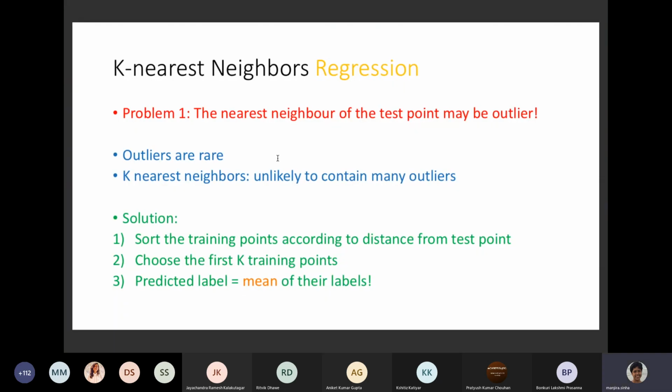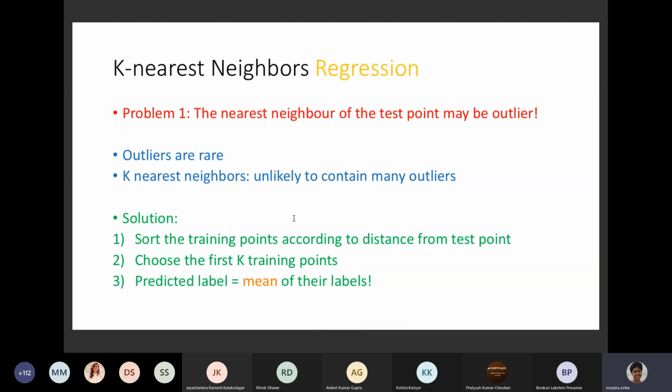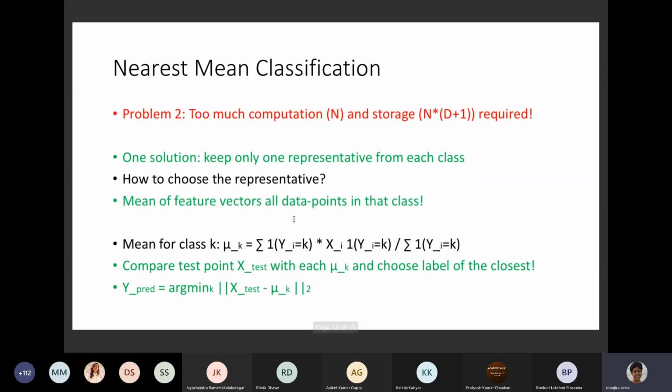But in k nearest neighbor, the problem of computation and storage requirement still persists. How much computation do I need to do? Still n, because I need to calculate all the n distances, and I also need to store them. d is my dimension, so n times d plus n storage is required.